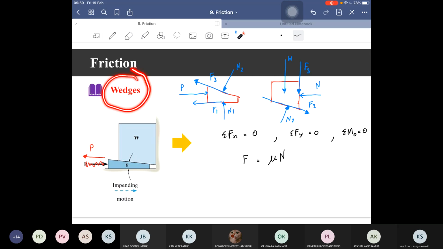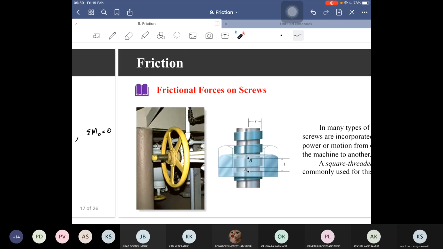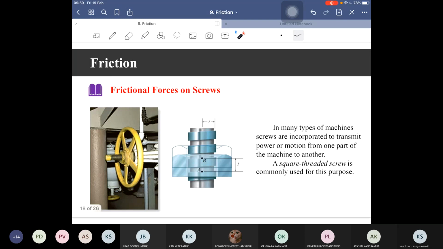Okay, here is the first application of the frictional force in a mechanical system. Next, let's see how we apply the frictional force on a screw. In most cases of mechanical systems, screws are used to fasten two parts to each other.